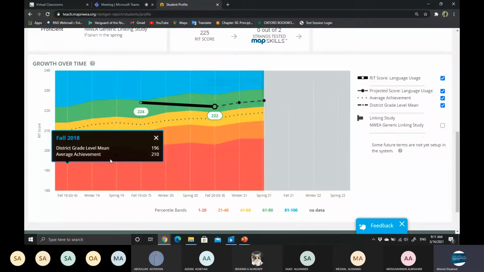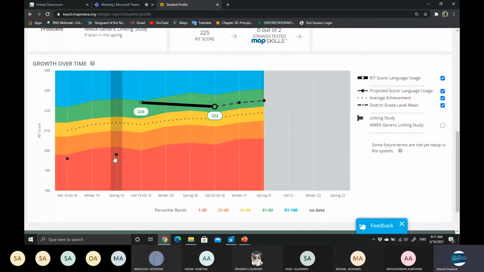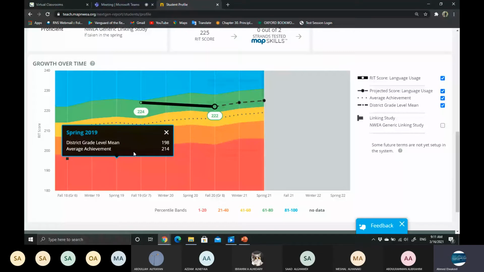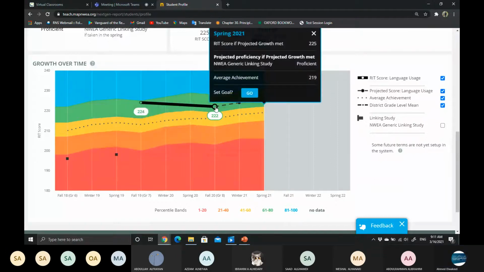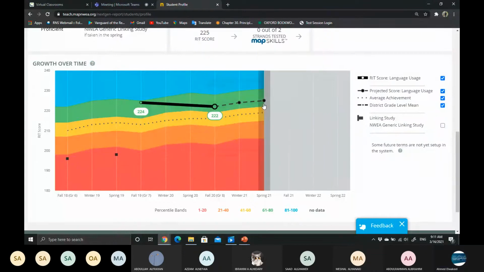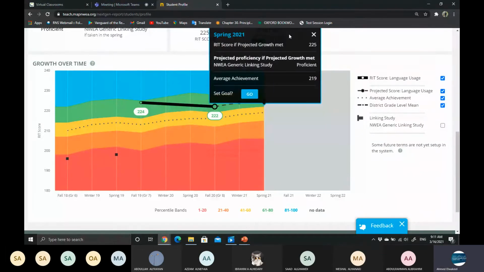Like here, for example, in 2018, the student got a very bad mark. In 2019, in 2020, his level with the RIT score became very, very high, 224, and that's great. In 2021, that's 121, and for yesterday's test, he got 225.